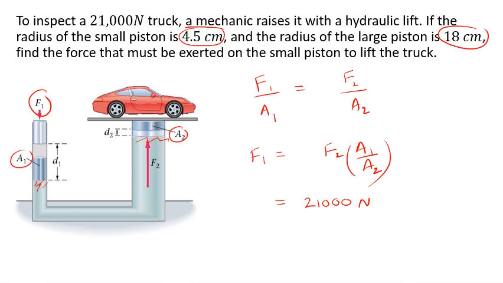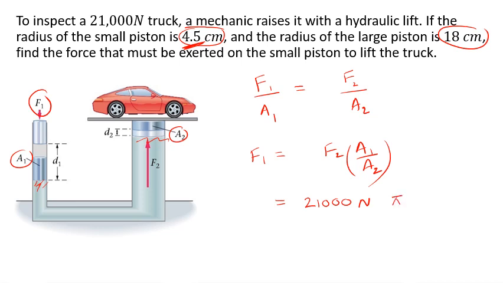And for the area A1, we have been given the radius as 4.5 centimeters. If you have the radius, you can use the pi r squared equation to calculate the area. So the area is pi multiplied by r squared.